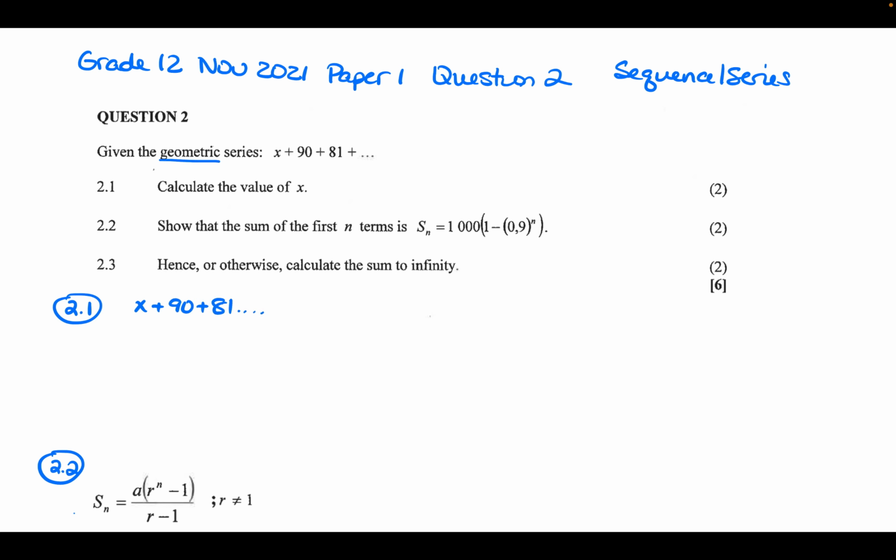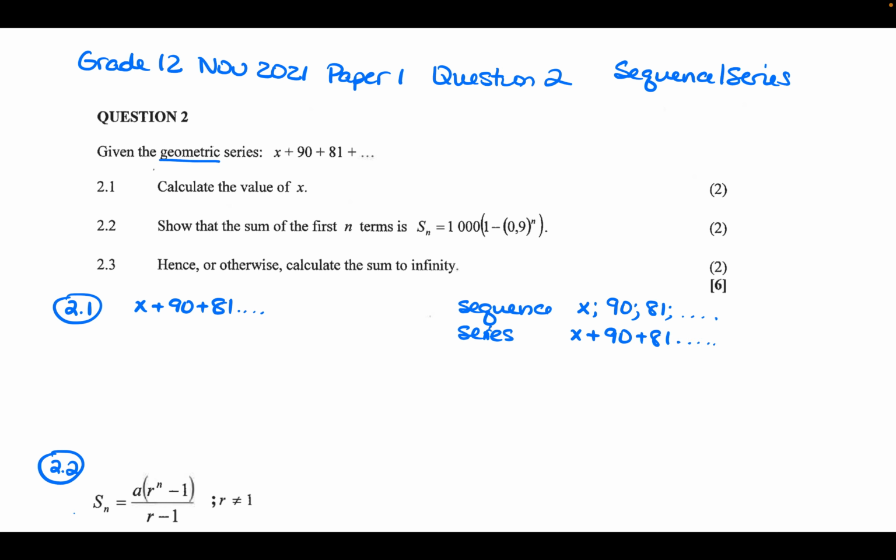Let's take a minute to talk about the difference between a sequence, which is a list of numbers. So in this case, the corresponding sequence would be x, 90, 81, and so on. And the series, the difference is that we have a plus sign between them. We are actually adding the numbers.